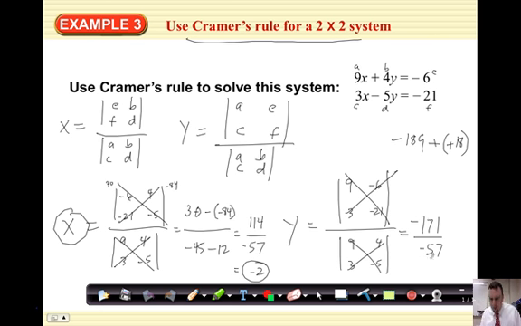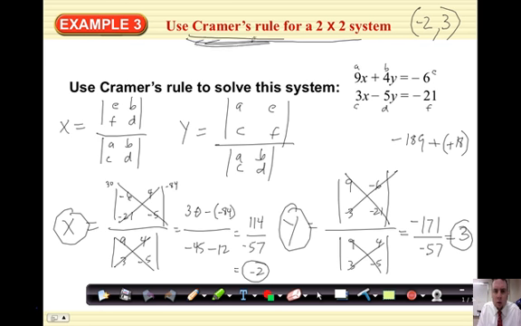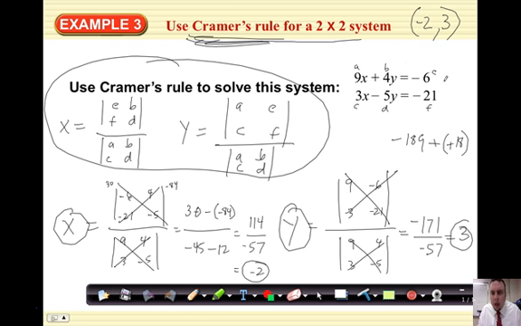Divide these two, and that is equal to a positive 3. So y is equal to positive 3. Put those two together. Negative 2 is x, y is positive 3. And now you know how to solve a system using Cramer's rule. You just have to memorize these two things, okay, and the letters here. Alright? Pretty easy, just got to take some time.